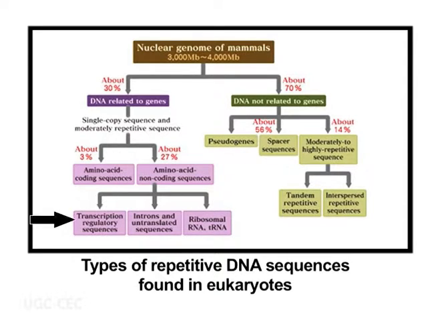Apart from this, the transcriptional regulatory sequences. So we can see how these sequences code for functional products, or play a regulatory role in the form of untranslated regions and transcription regulatory sequences, so that there is control throughout the whole genome.